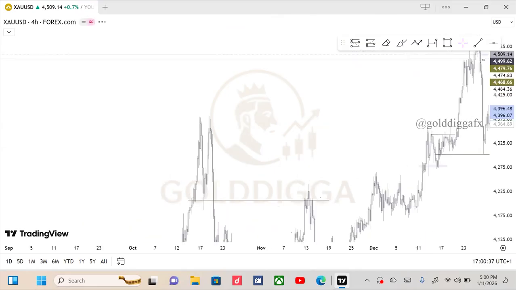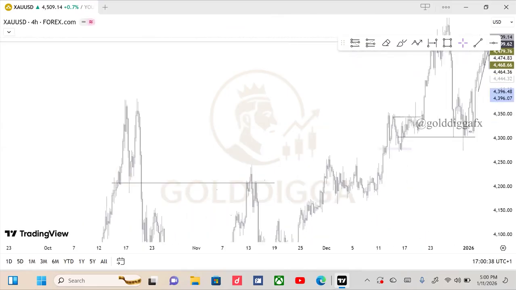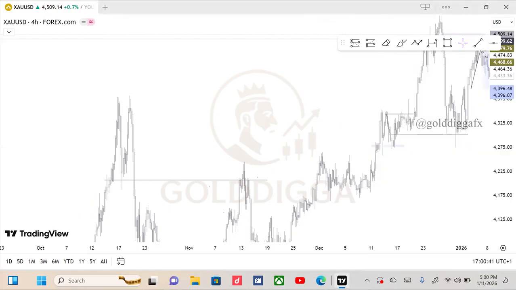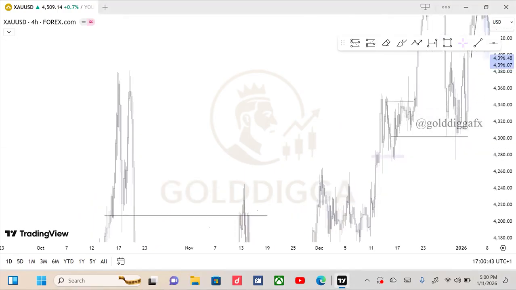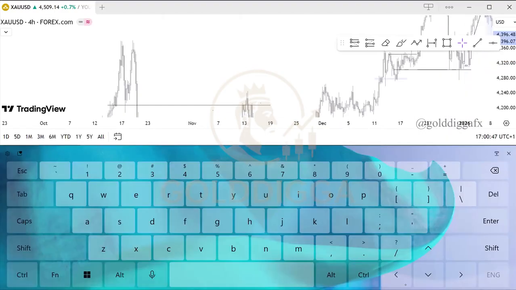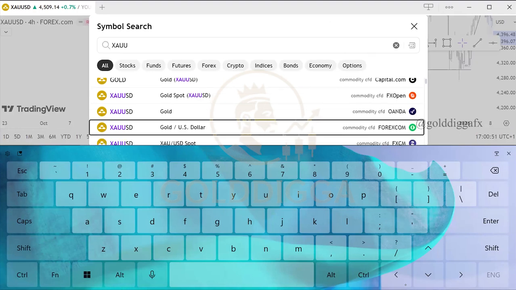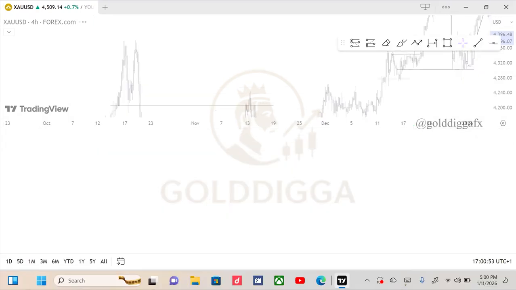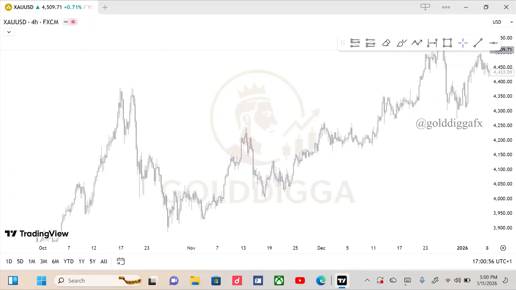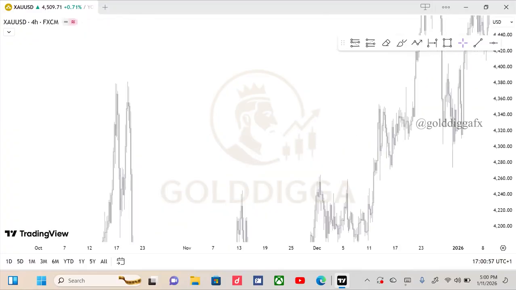Okay, now look at this counter trade from here. Or let me switch chart. Okay, look at this counter setup from here.